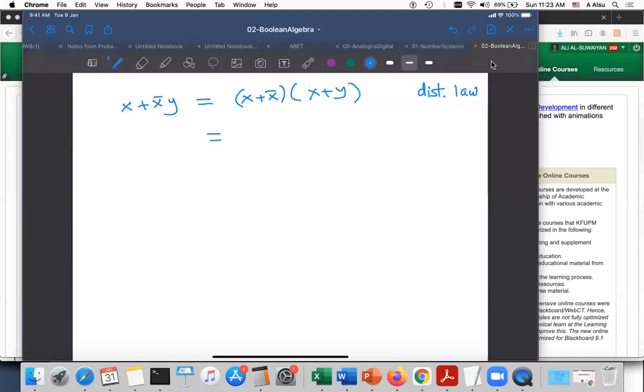Using the complement law, we say that this is 1 ANDed with x OR y, and this is by complement. And then this is equal to x OR y, because of what? Identity. Okay. All right. Do you see how we proved it? Any questions?